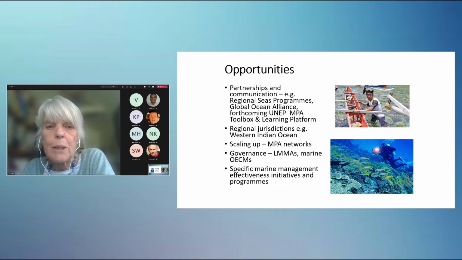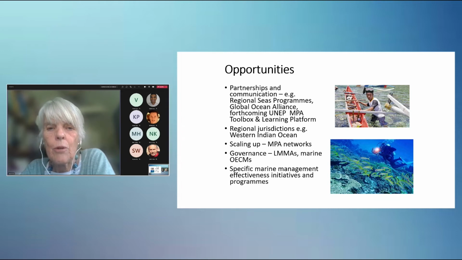Regional jurisdictions, this is interesting because this is already being taken on board. Many of the regional marine conventions have now already, as it were, signed up to the approach of the Green List. And in the case of Western Indian Ocean, that's actually being developed as a jurisdiction, overriding jurisdiction. MPAs, right from very early days, it was seen that MPAs needed to be established as part of a network.